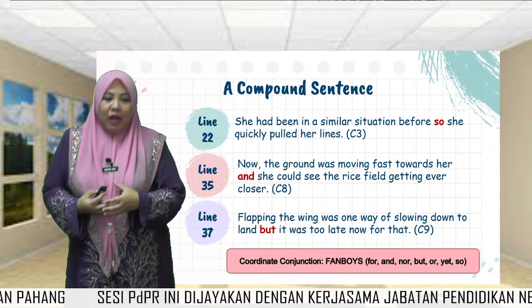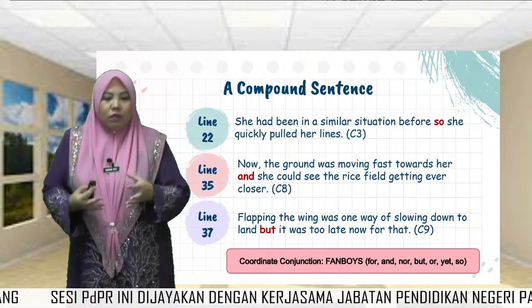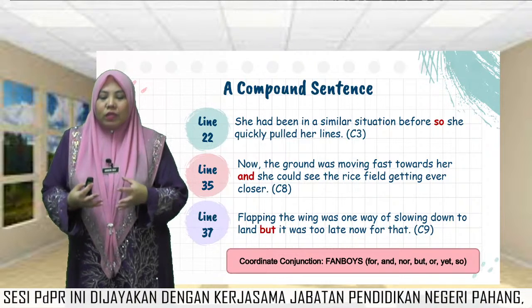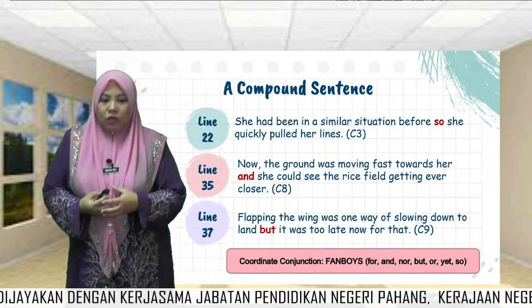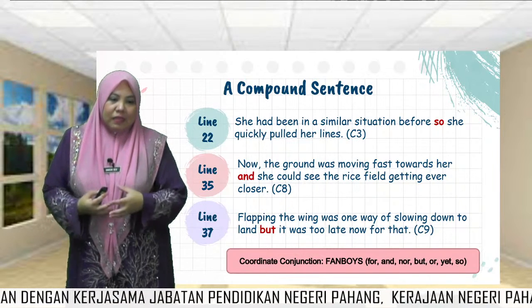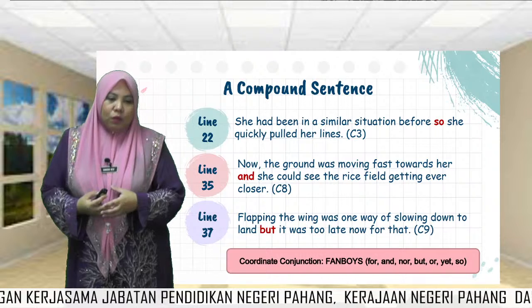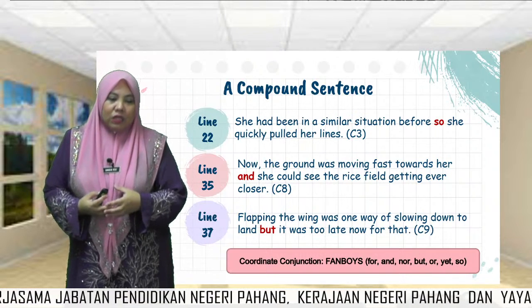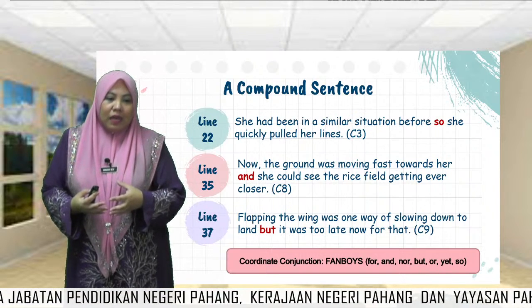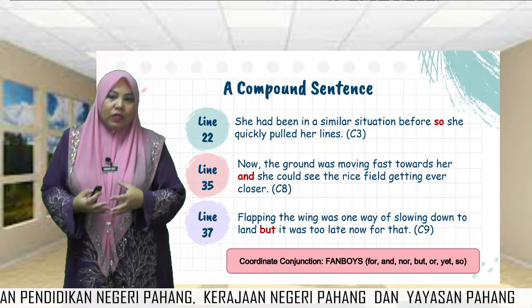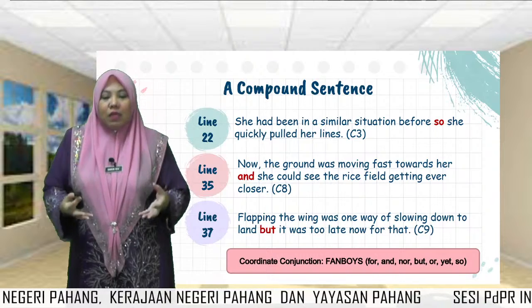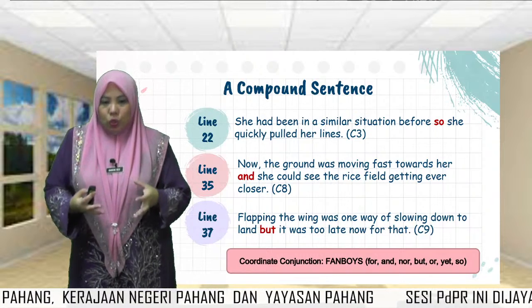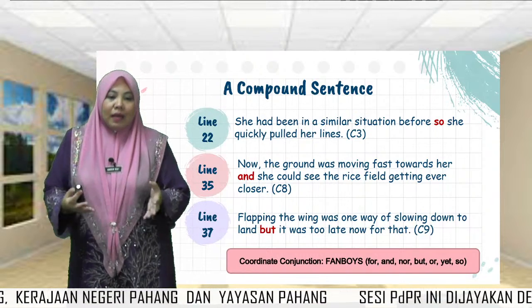So line 35, you will see now that the ground was moving fast towards her and she could see the rice field getting ever closer. So this particular sentence is combined with the coordinating conjunction of and. Whereas in line 22, you will see the coordinating conjunction of so: she had been in a similar situation before, so she quickly pulled her lines.